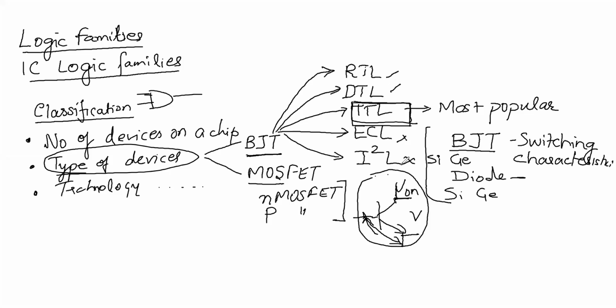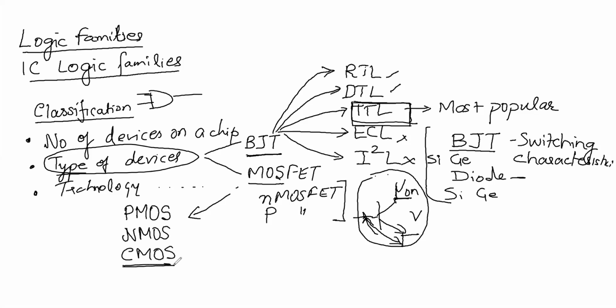In MOSFET, there have been three technologies so far. One is PMOS technology, then NMOS technology, and now for the last 30 years, I believe 35 years or so, it is CMOS technology which is prevailing.